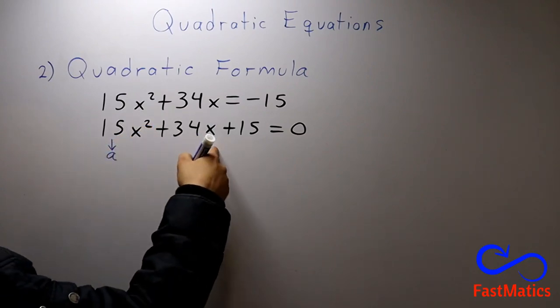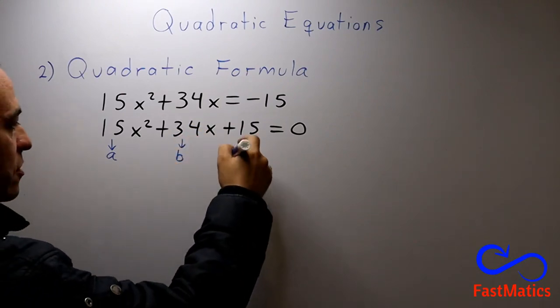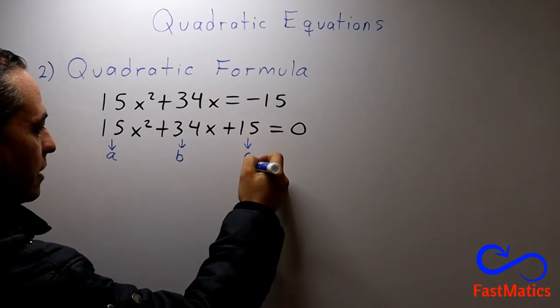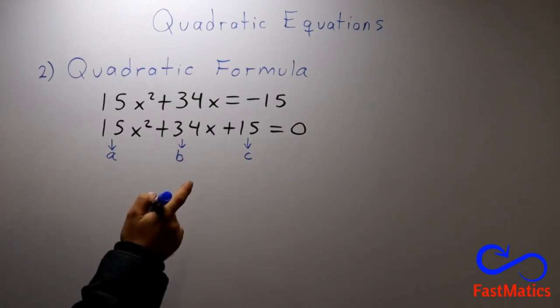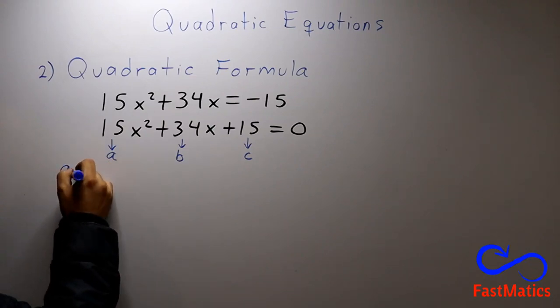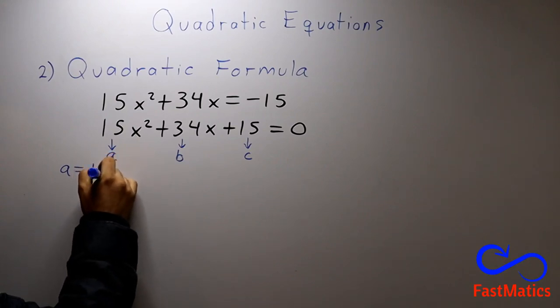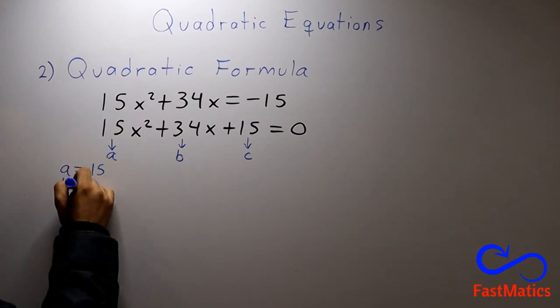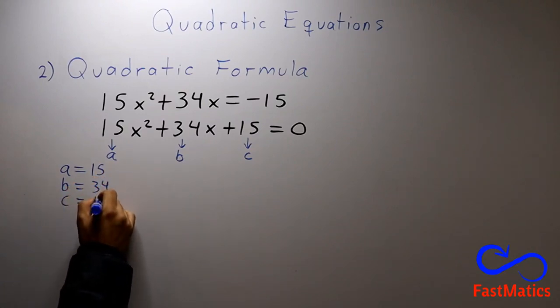The number with the x will always be the b. And the alone number will always be the c. It is very, very important. So here we have a equals 15, b equals 34, and c equals 15.